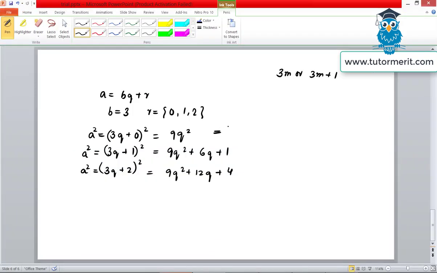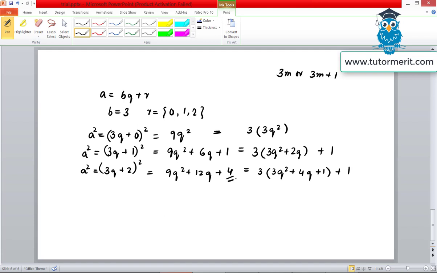Now observe this. I can simply say 3 into 3q square. This I can write as 3 into 3q square plus 2q, plus 1. Here I can write 3 into 3q square plus 4q plus 1, plus 1. Why? Because I have divided 4 in such a manner that it is 3 plus 1.